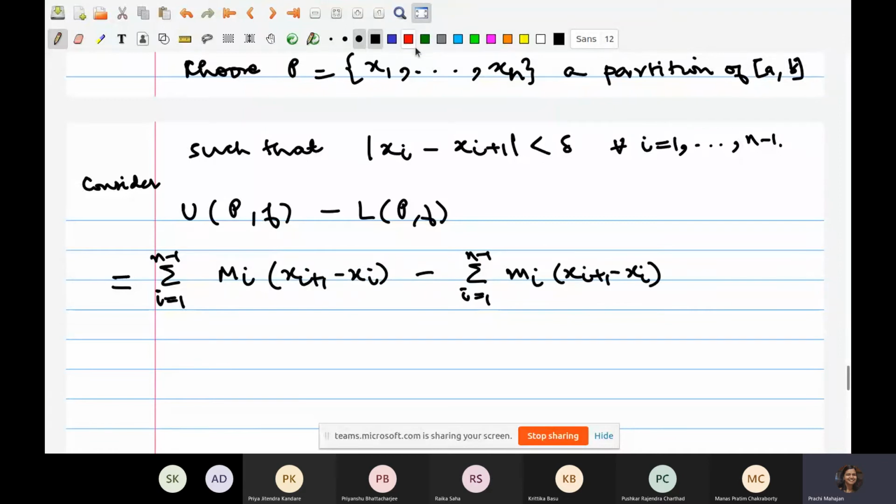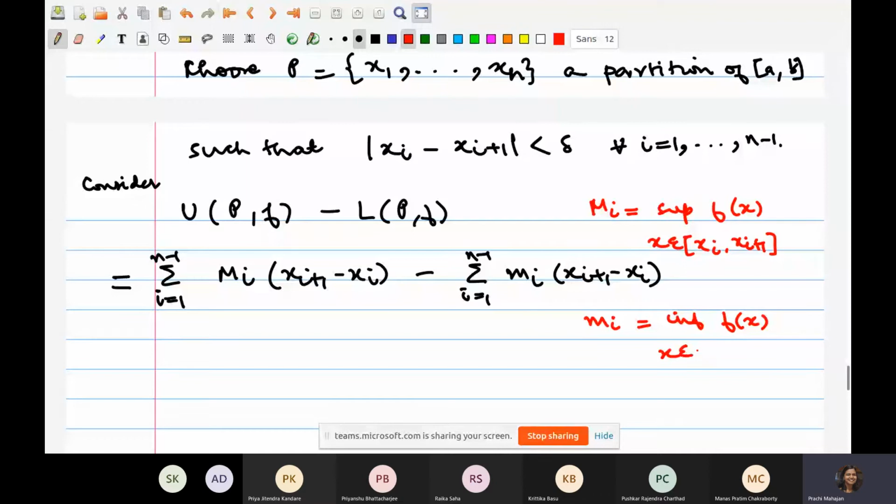Recall what this notation is. Capital Mi is the supremum of f restricted to the ith subinterval, and little mi is the infimum of f restricted to the ith subinterval.